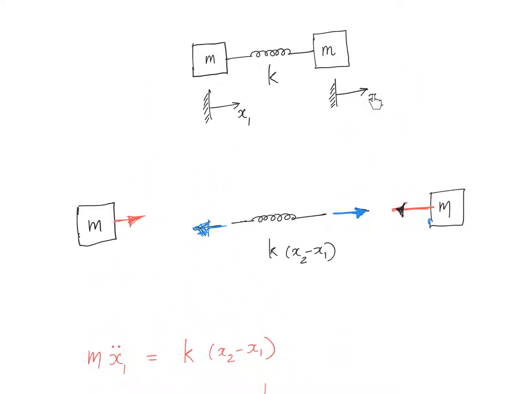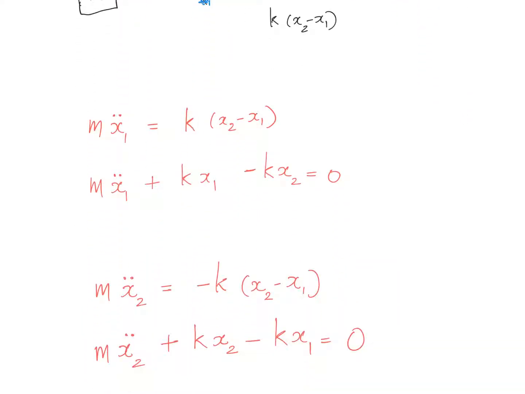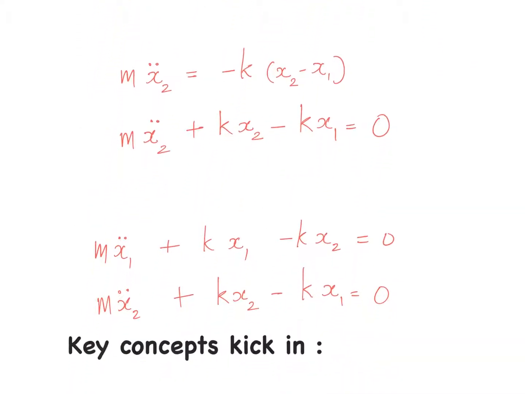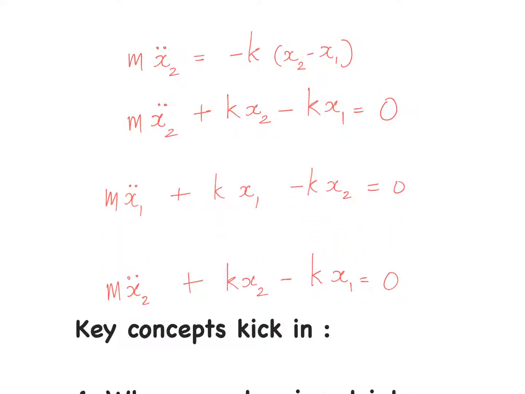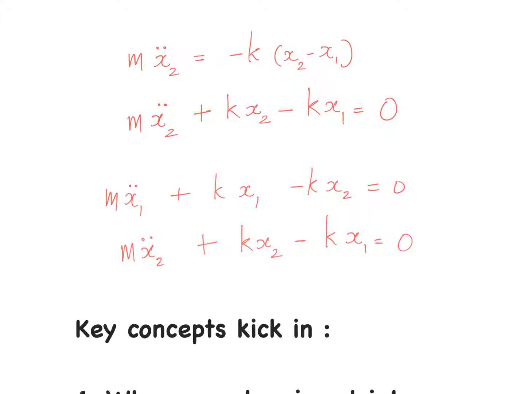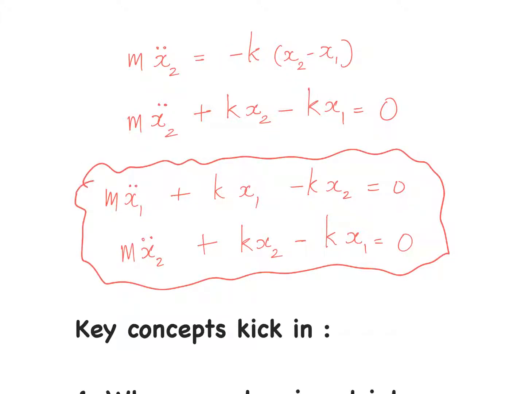My positive x2 is directed towards here, but the force acting on this mass is along the left hand side, given by k times (x2 minus x1). Make sense? Okay. So here we are.